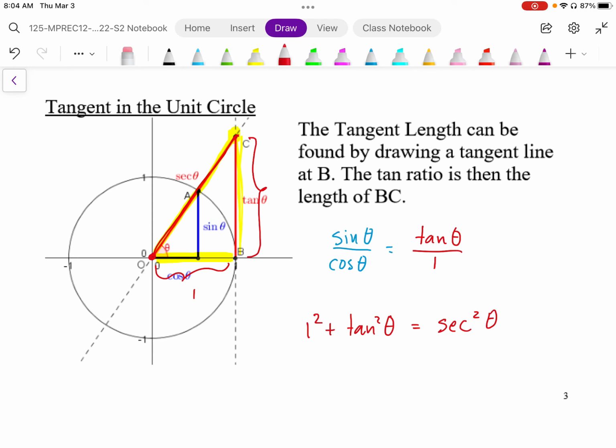Because if we look carefully, it's the reciprocal. Instead of doing 1 over cos, if I draw it in blue here, this blue line, which is 1 divided by cos, well, that ratio is the same as the hypotenuse divided by the adjacent side, or the horizontal side. And so that length must be secant theta.